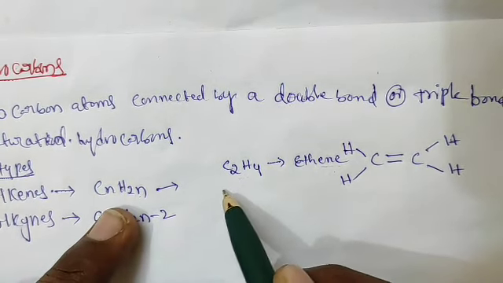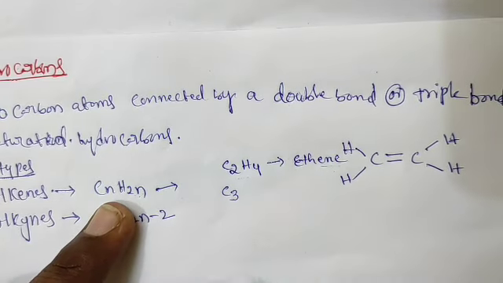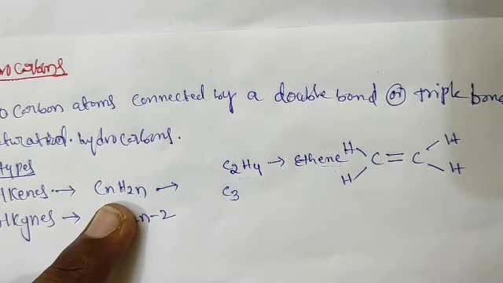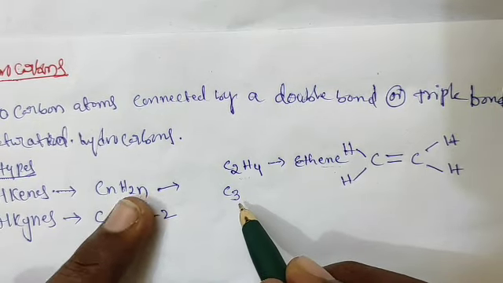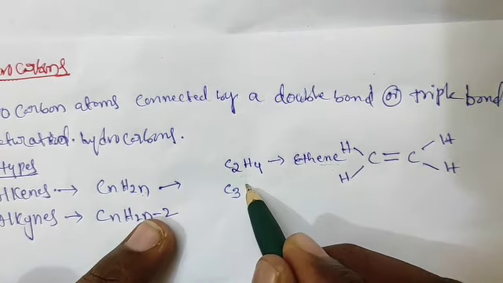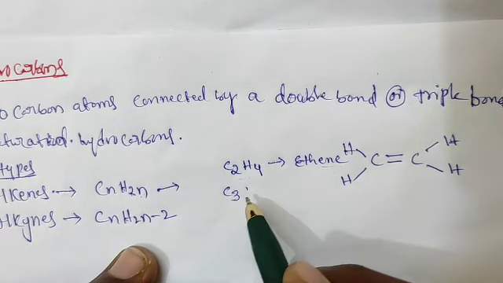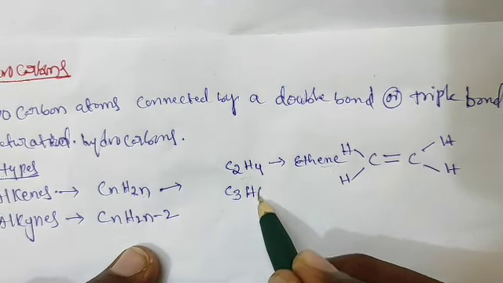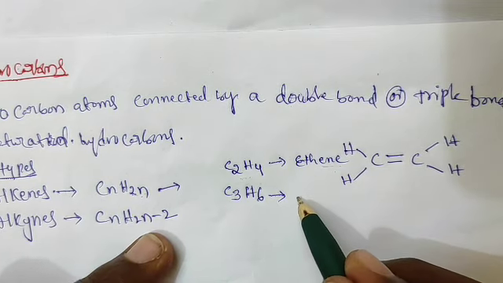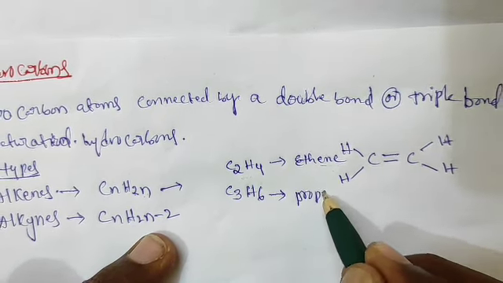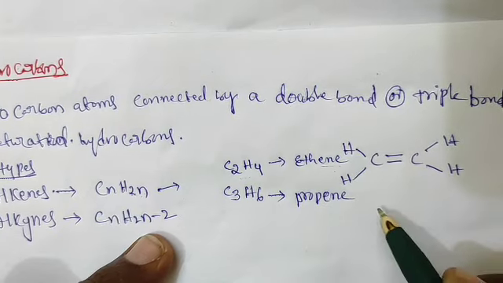Next, instead of n we are taking 3, C3, 3 into 2, H6. So C3H6. So that is propene.